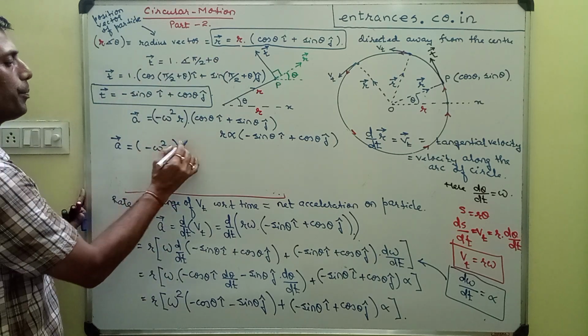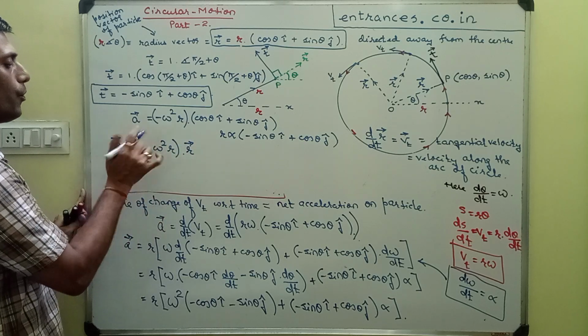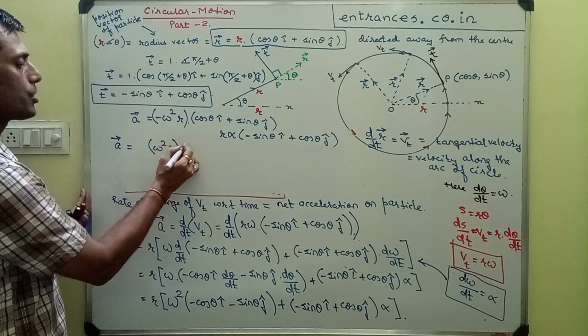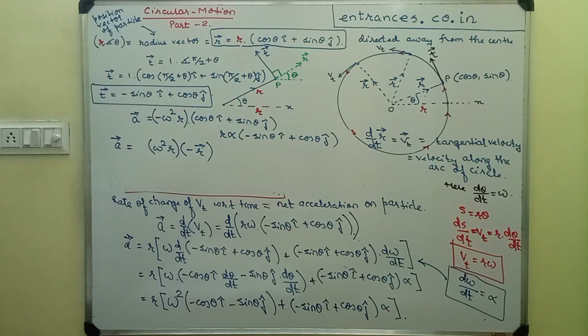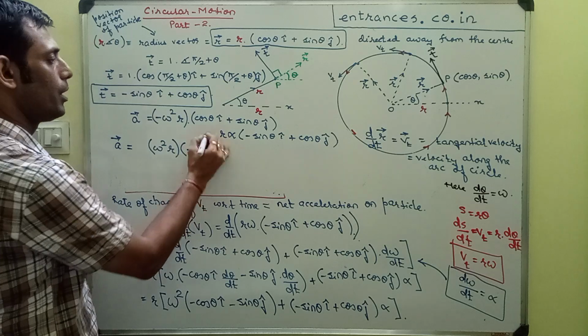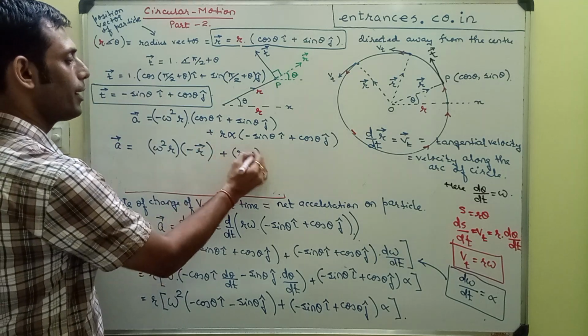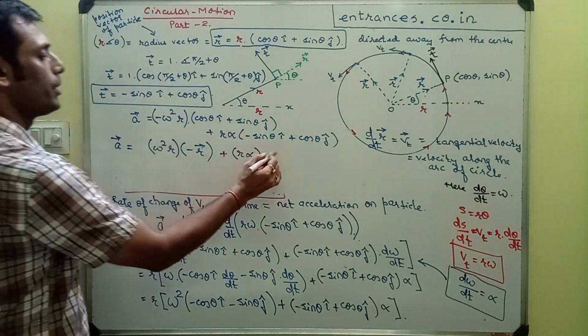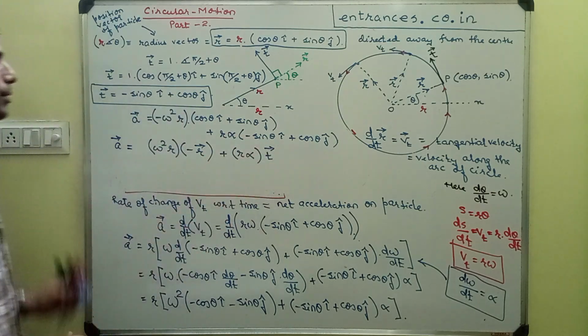So I will attribute this minus sign with the radius vector, and then what we have is something like this, minus of the radius vector, and plus r alpha into what? What exactly is this? This is the t vector. Now you see, t vector.